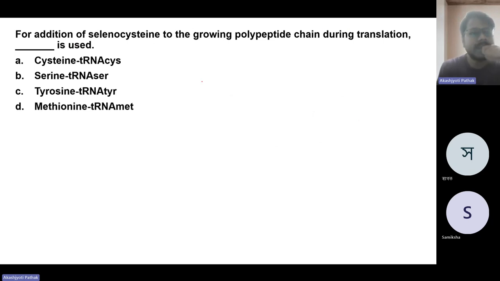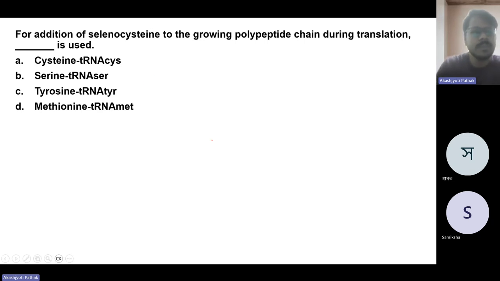Okay. Now answer this question: for addition of selenocysteine to the growing polypeptide chain during translation, dash is used. So now this is another example. As I was explaining, for each amino acid you have a particular aminoacyl tRNA synthetase. So for cysteine, you have cysteine tRNA synthetase. Then for serine, there is serine tRNA synthetase, tyrosine tRNA synthetase.